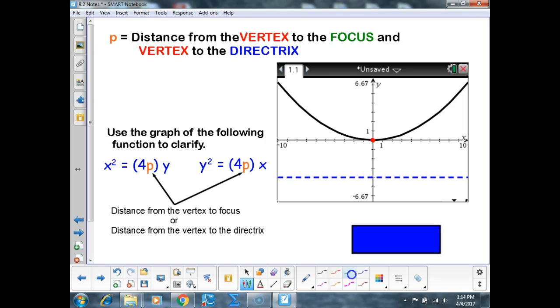It's the distance from the vertex to the focus and it's the distance from the vertex to the directrix, because those points have to be equidistant from each other. Or I should say, the vertex needs to be, because the vertex is on the parabola, it needs to be equidistant from the focus and the directrix. Okay.